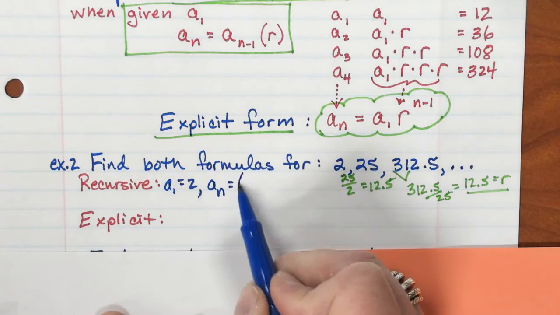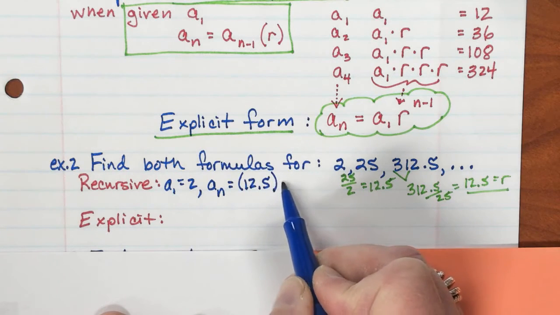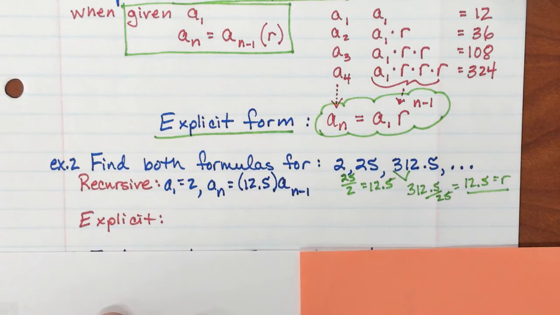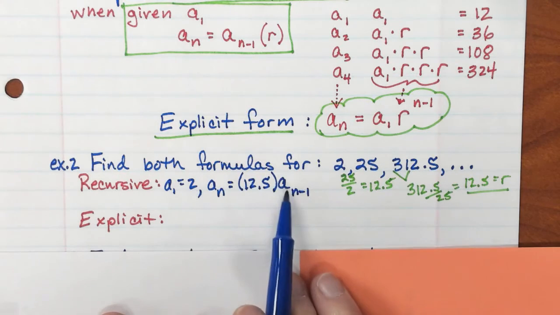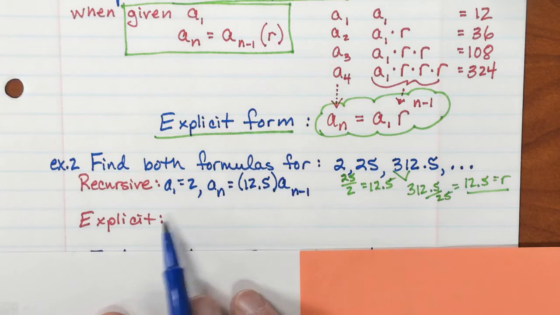So this is 12.5 times a sub n minus 1. That is the recursive formula. Again, you're given the first term, then you would plug that in. Then you would plug in the second term, etc.